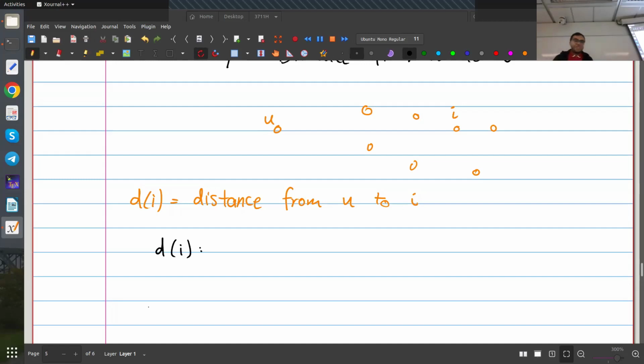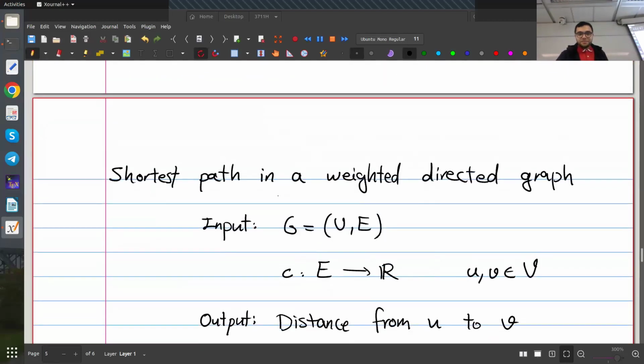So here's the part where things get interesting. I can actually have negative cycles because I said I can have negative weights. So it's possible that I have a cycle like this, right? And I can just start from U, take this cycle over and over again, and my distance would be minus infinity, actually. I don't like this.